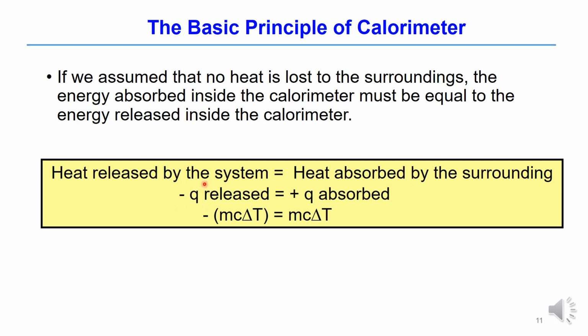Heat uses the Q symbol, negative since it is released, and this one is absorbed, so positive Q. So we have the formula for Q from the previous slide: negative m, small letter c, delta T, equals positive m, small letter c, delta T.